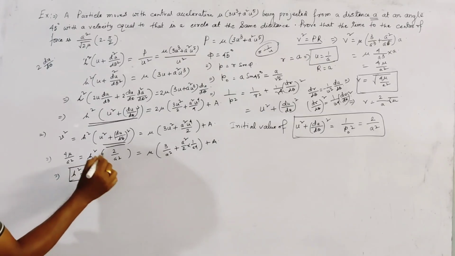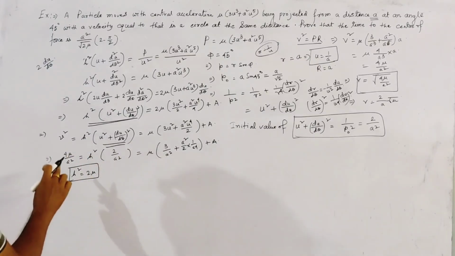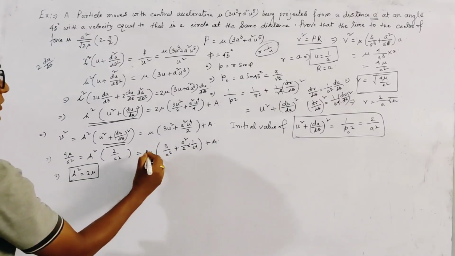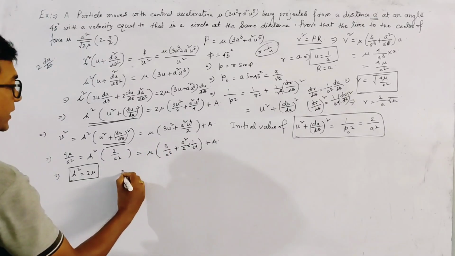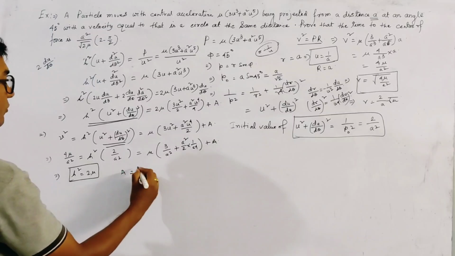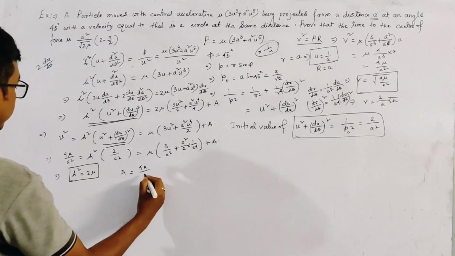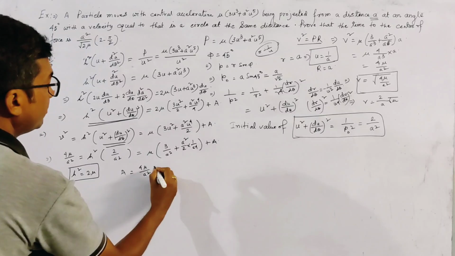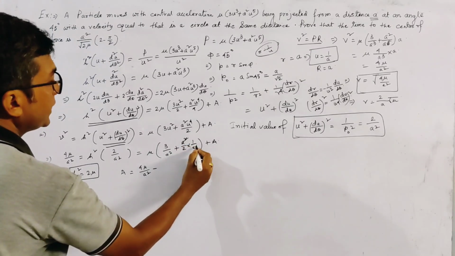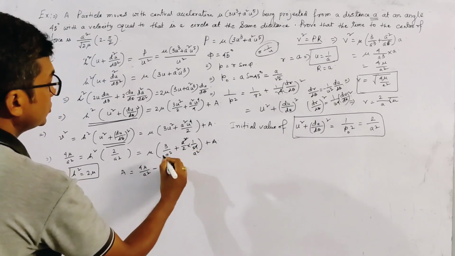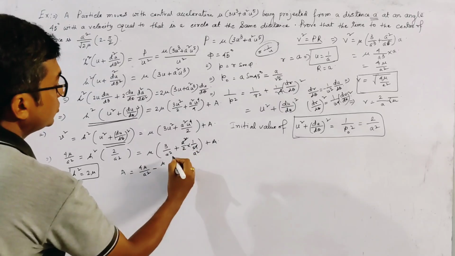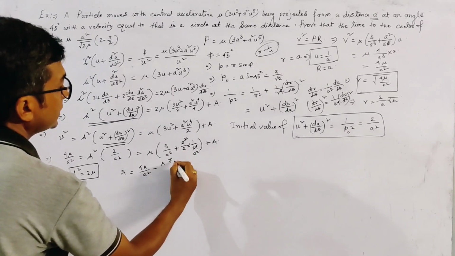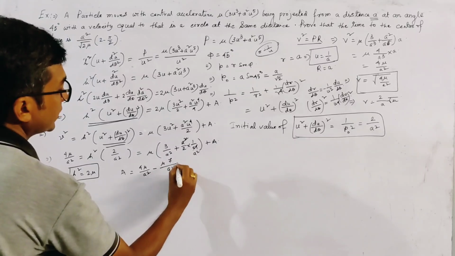Okay, we get the value of h square, and from the first and last portion we get the value of a. This is given by 4 mu by a square into minus, the a square cancels out, so mu into 7 by a square.